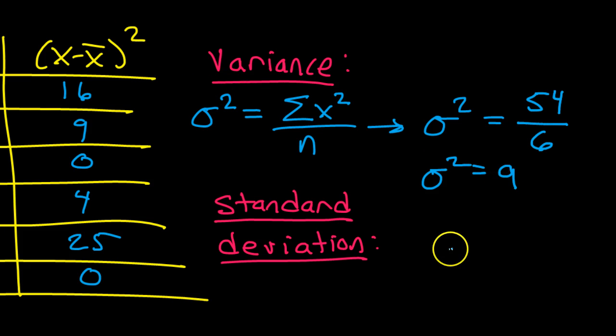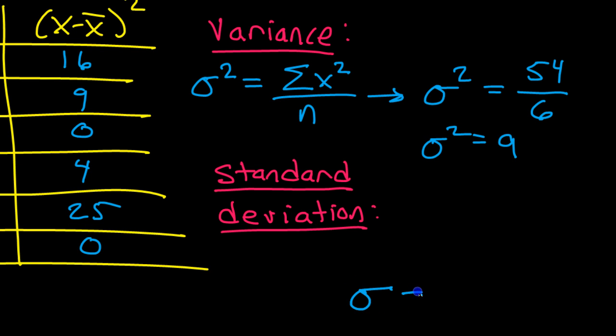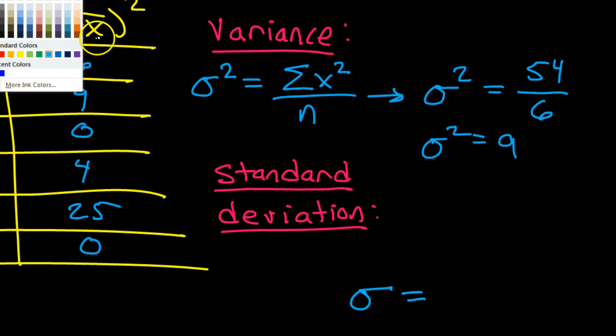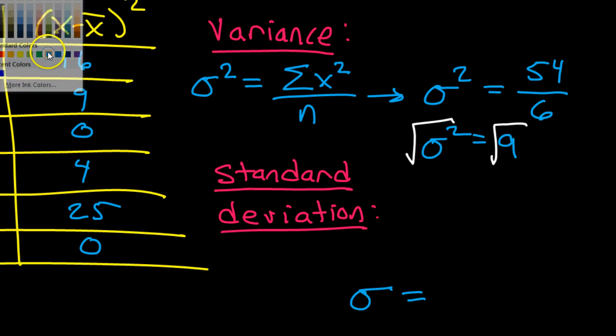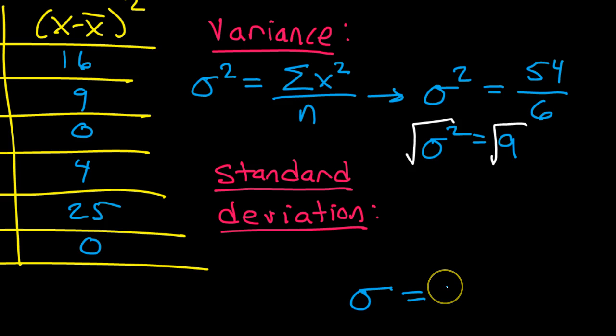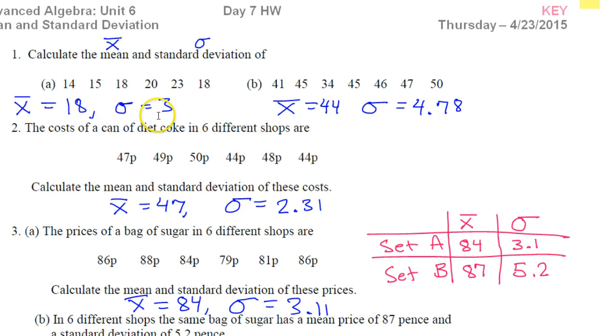It makes sense because the standard deviation is just sigma, not squared, so I take the square root of both sides, and that gives me that my standard deviation is 3.